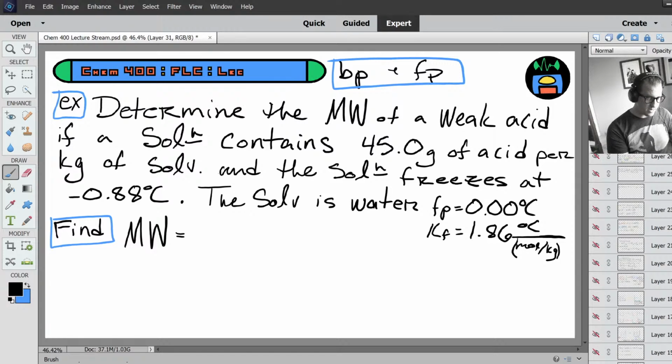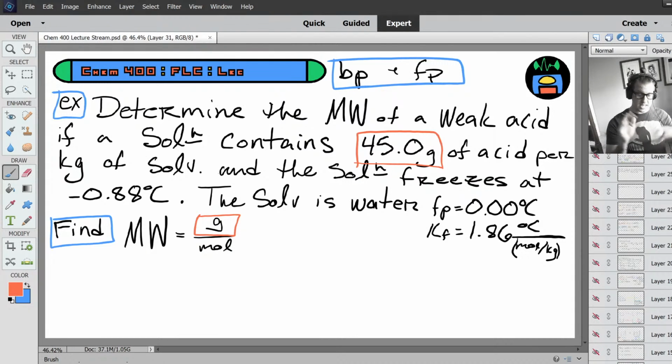It is the grams per mole. And if you think about it, we know the number of grams right here. We were told that there are 45 grams of acid per kilogram of solvent. So we've got our numerator. We just need to figure out how many moles we have.